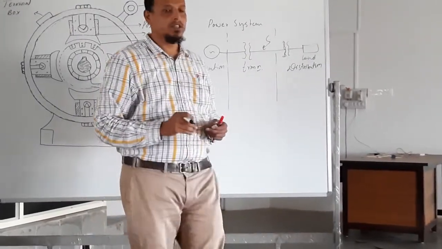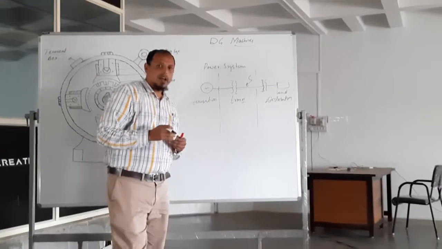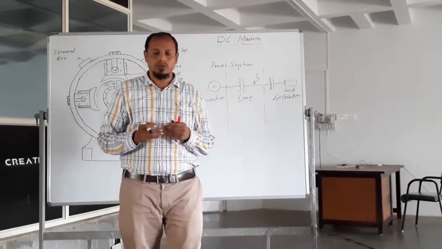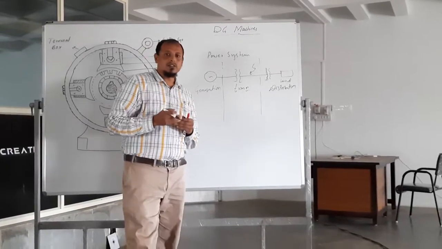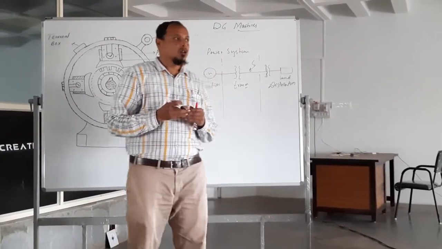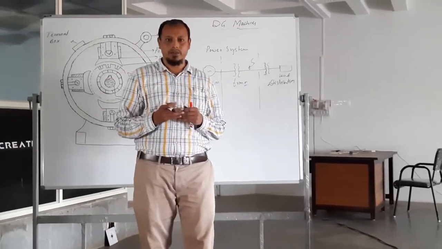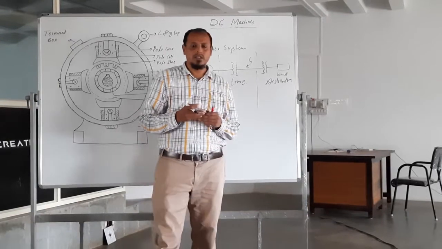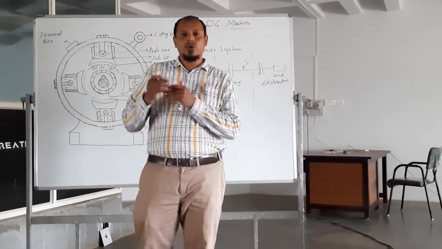We have different sources to generate, like hydropower, with water as a source, and nuclear and diesel. All these sources are available. To extract the power from these sources, we need a generator. A generator may range in size from 1 kilowatt to a megawatt.